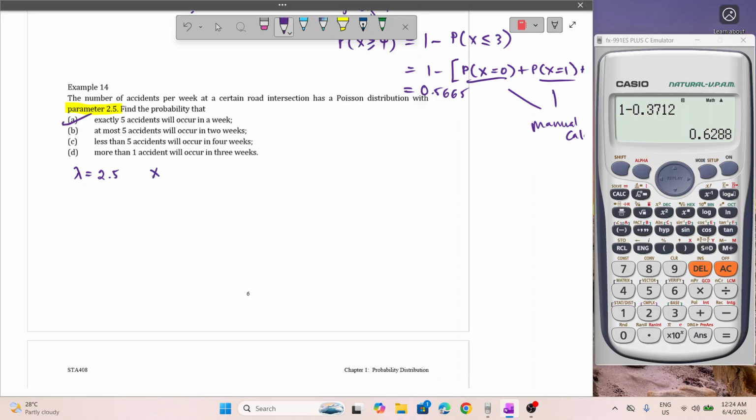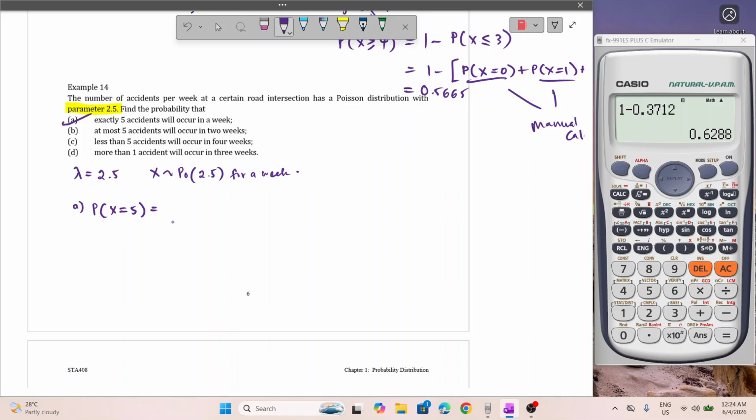For example, a random variable X follows a Poisson distribution with lambda 2.5, for a week. So this is how we can rewrite the question in a simpler form. So for A, exactly 5 accidents will occur in a week, so again, the probability of X is equal to 5.